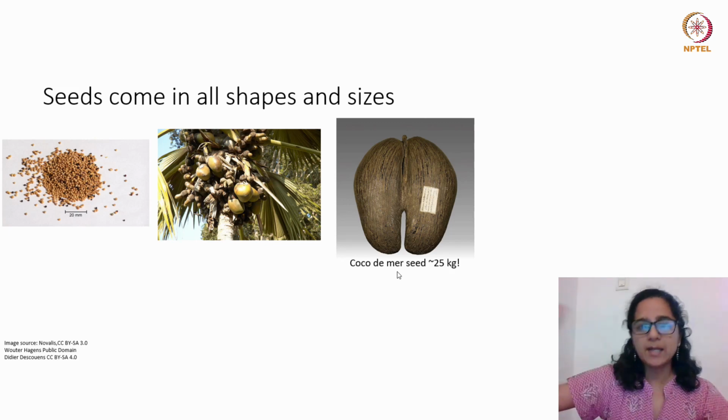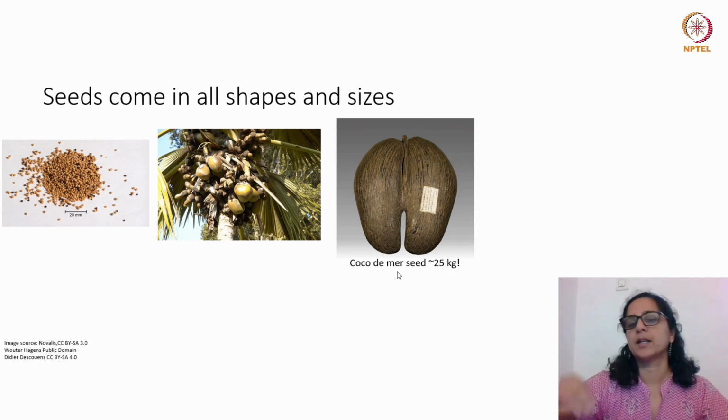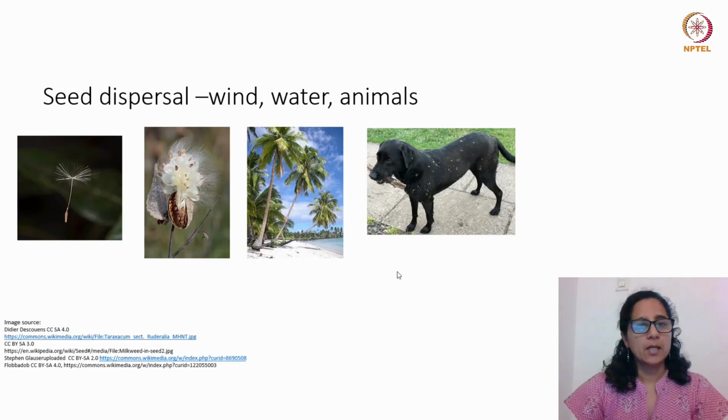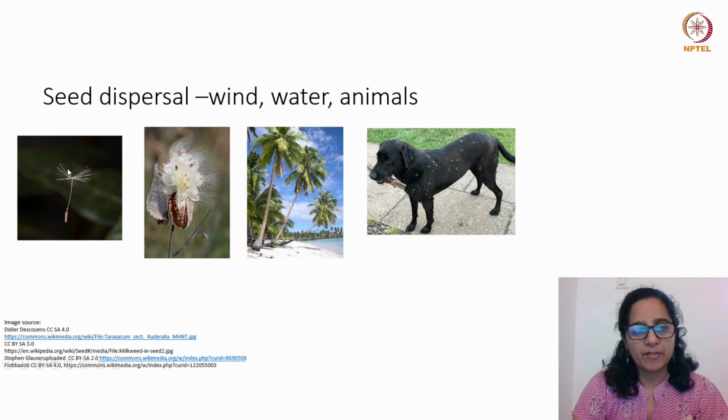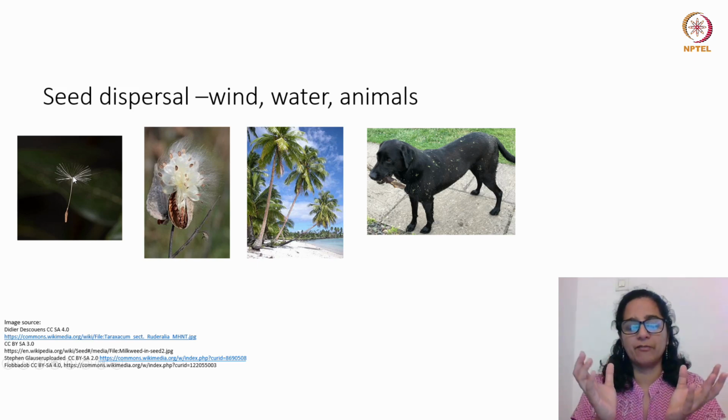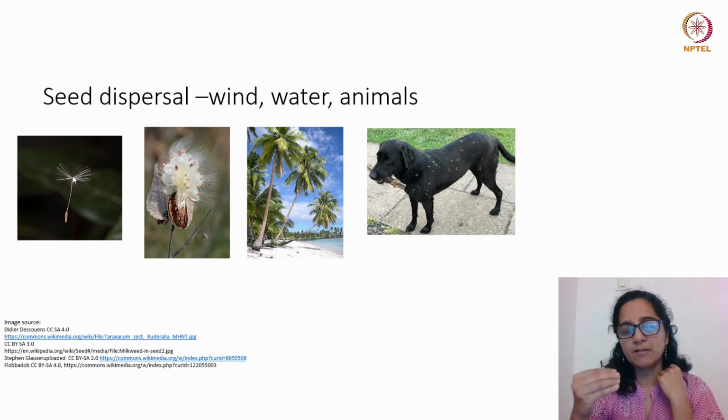Seeds need to be carried away from the mother plant elsewhere in order to disperse, and then they germinate there. Seed dispersal can happen by wind if the seeds are very light. Here is a seed with a parachute-like structure, which helps wind carry the seed away from the parent plant.